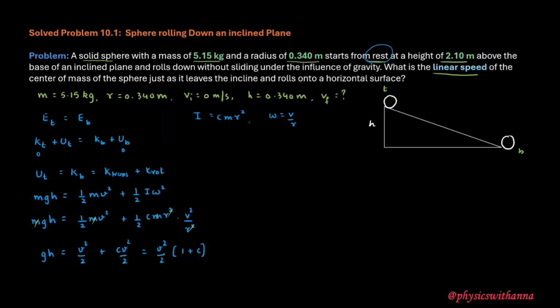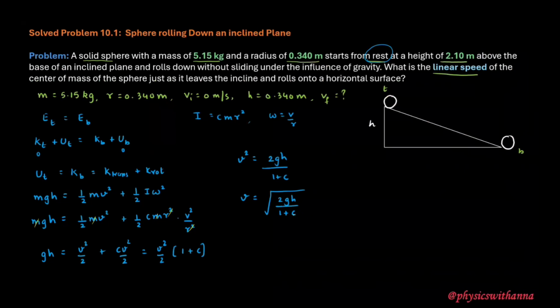I need to find what is v, so we will rearrange this term to write in terms of v squared. I'm going to multiply with 2 and divide with 1 plus c. So we get v squared to be equal to 2gh over 1 plus c, or v to be equal to square root 2gh over 1 plus c.